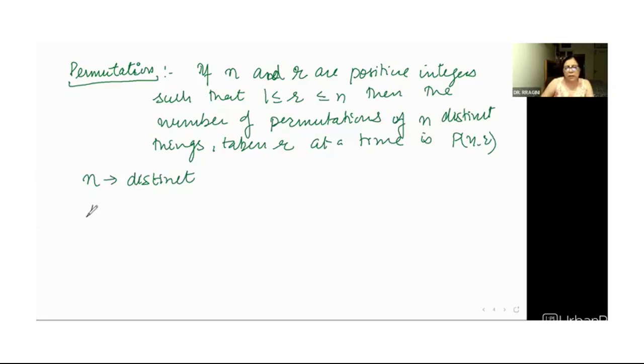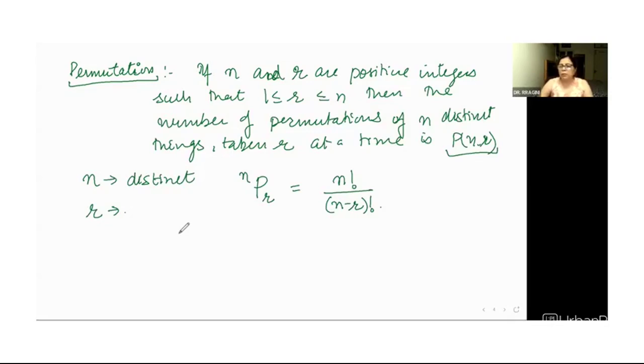R have to be used. Then that means arrangement of n different objects taking r at a time is represented as nPr. PNR is the notation for this, or symbolically we can write nPr. And the formula for this is n factorial upon n minus r factorial.